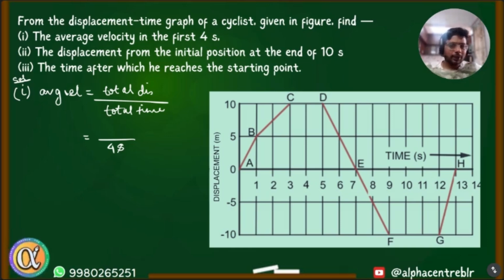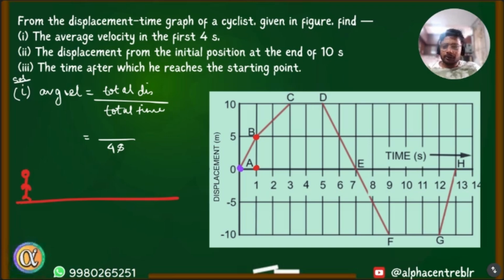From 0 to 1 second, how much is it traveling? What is the displacement at the end of 1 second? At 0, displacement is 0, right? Yes. At 1, what's the displacement? It is 5. This is the observer. At time t equals 0, the cyclist is here, at 0 displacement.